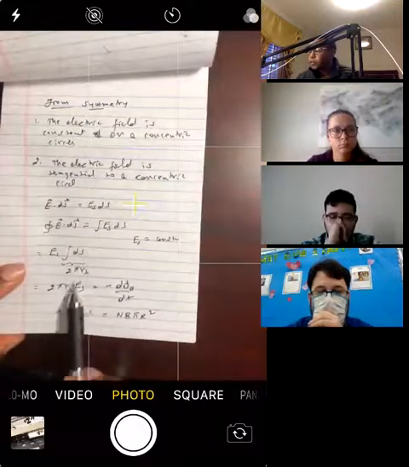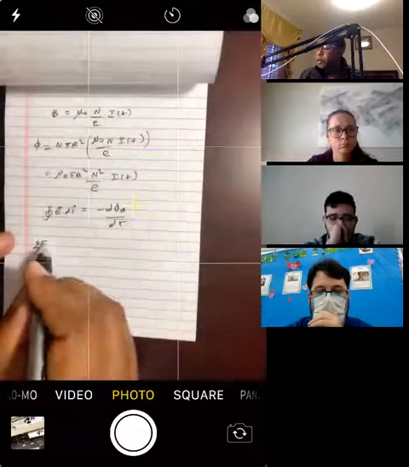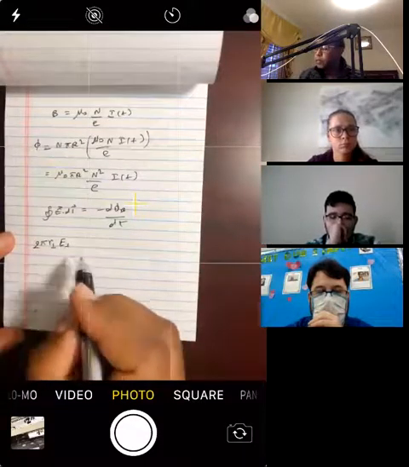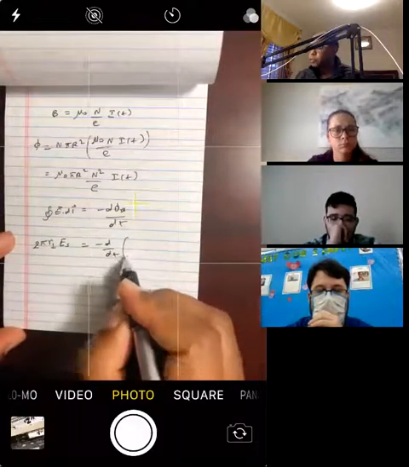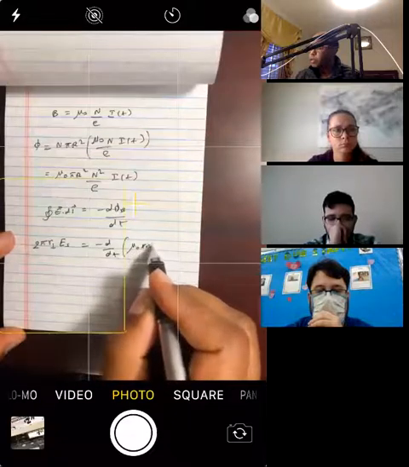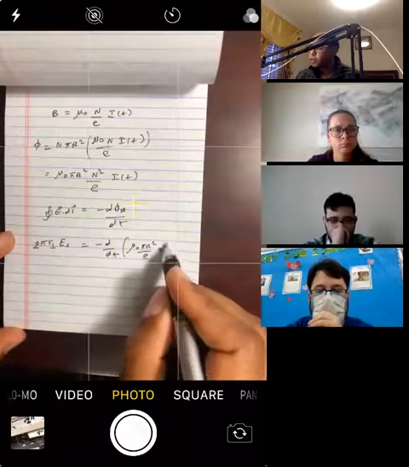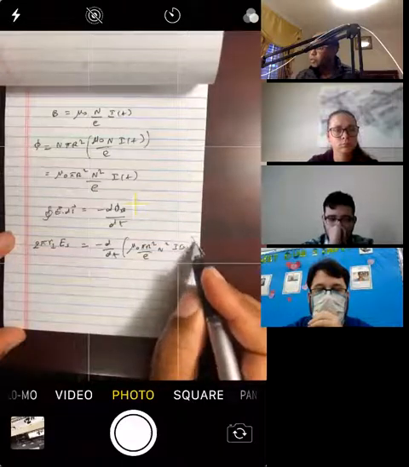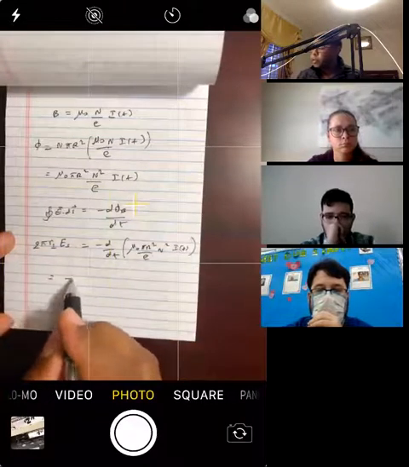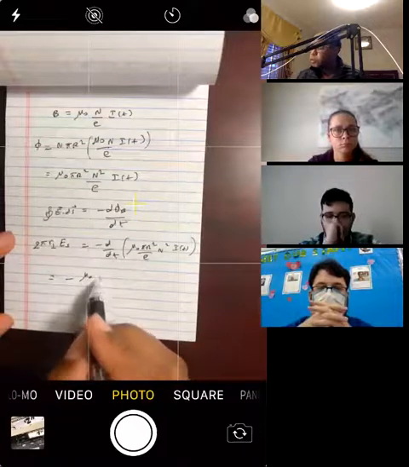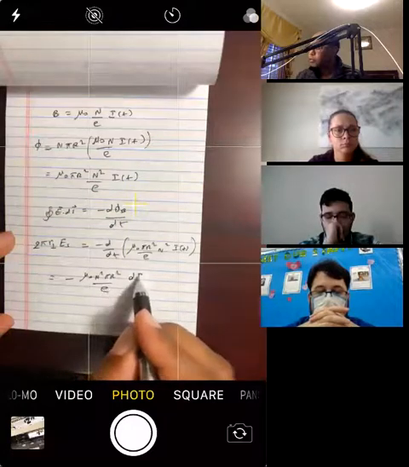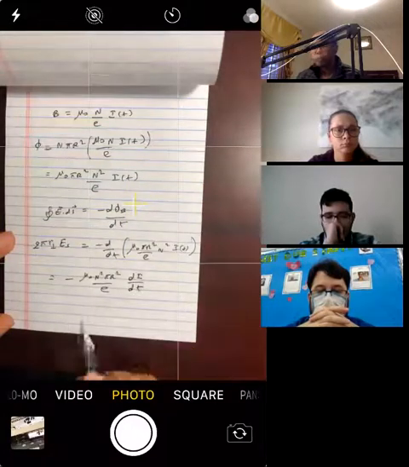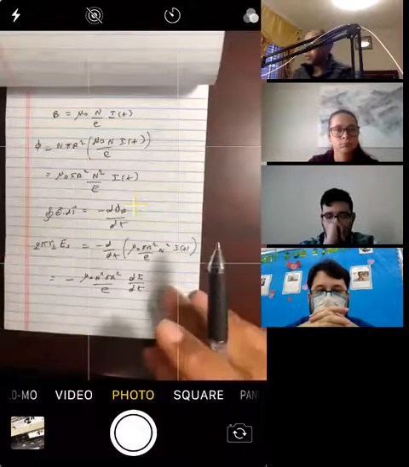This integral is 2 pi r perpendicular times the electric field, and then negative the derivative of this expression, mu naught pi r squared over L, N squared, current. So only the current is a function of time in this case. So we have the following: negative mu naught N squared pi r squared over L, the derivative of the current with respect to time. And then we just divide by 2 pi r perpendicular.